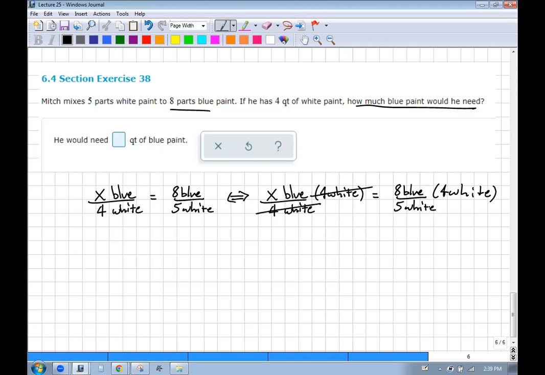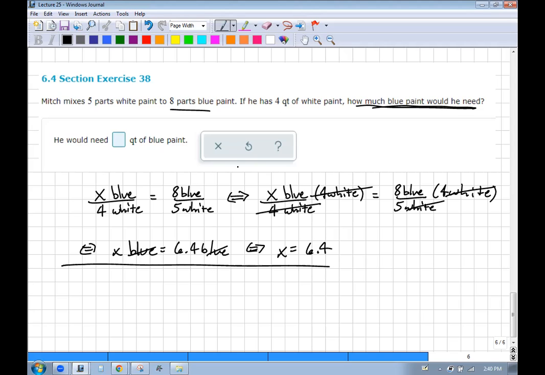You can see white cancels, so I have X blue. So what is this? 8 times 4 divided by 5, which is 6.4 blue. Of course, I could divide both sides by blue, and X is 6.4, right? That's how many quarts of blue paint we would need.